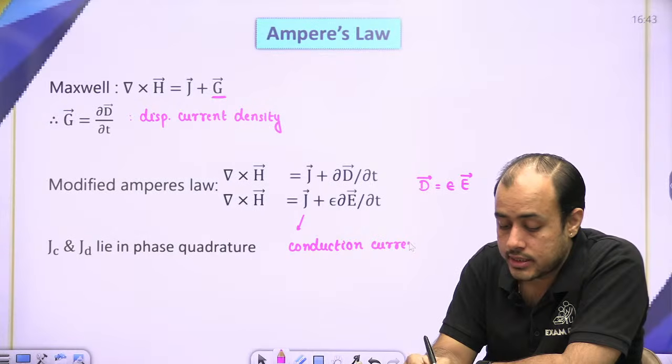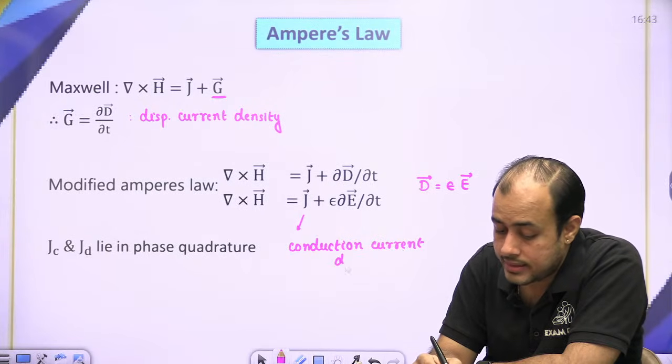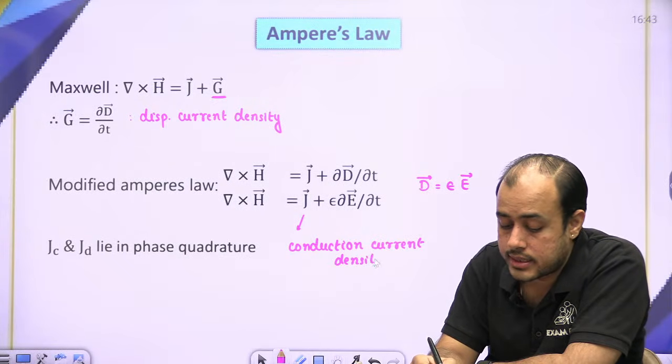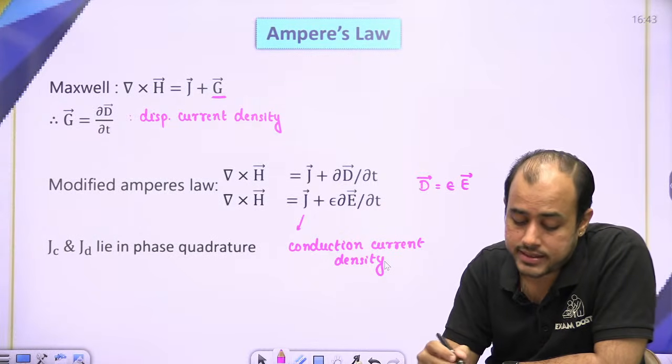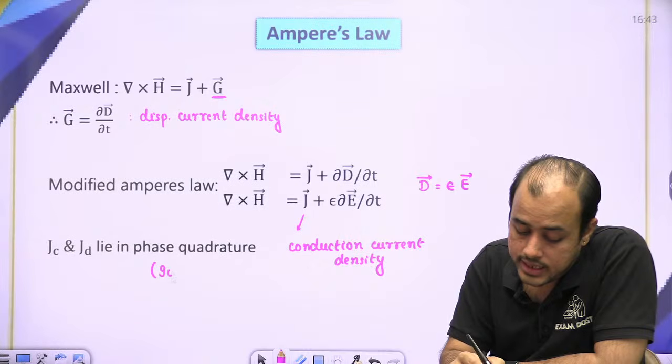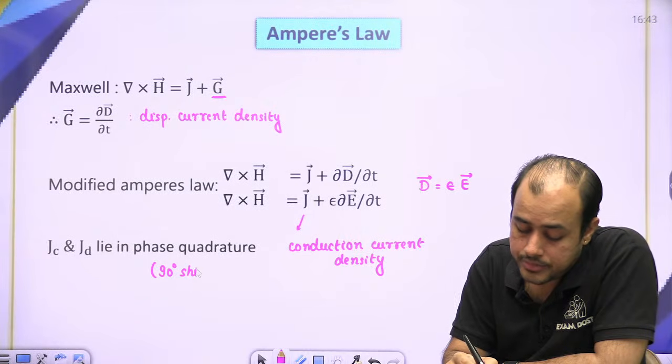Conduction current is like a current through a resistor, and displacement current is like a current through a capacitor. They are at 90 degrees to each other.